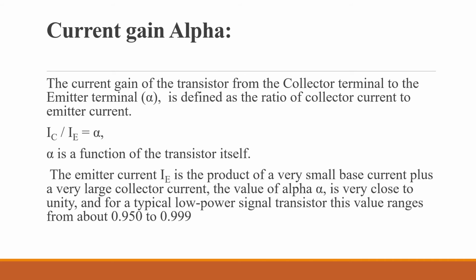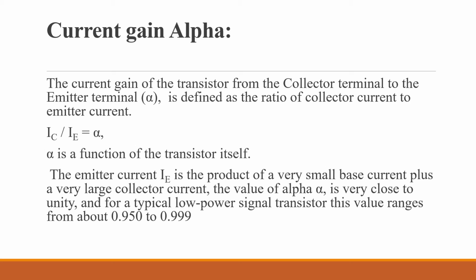Now let us see current gain alpha. The current gain of the transistor from the collector terminal to the emitter terminal is defined as the ratio of collector current to emitter current. That is, IC by IE is equal to alpha. Alpha is a function of the transistor itself.